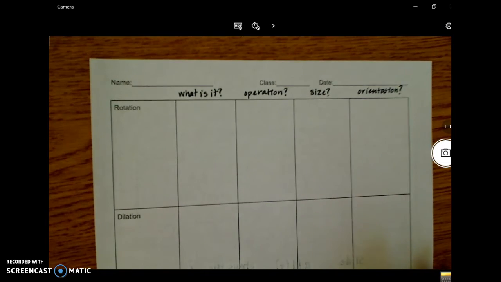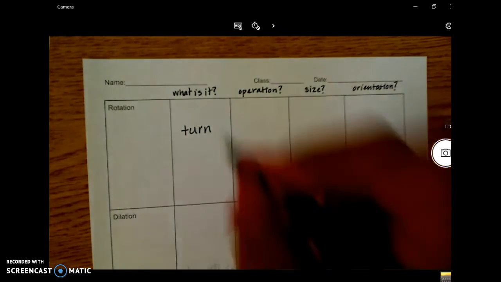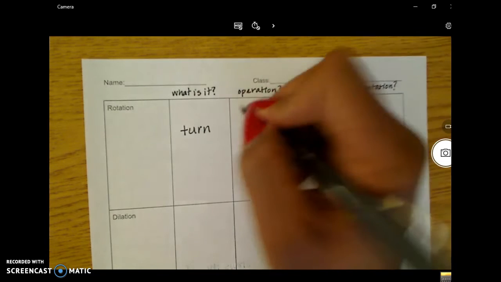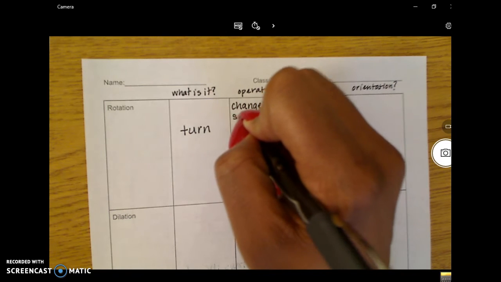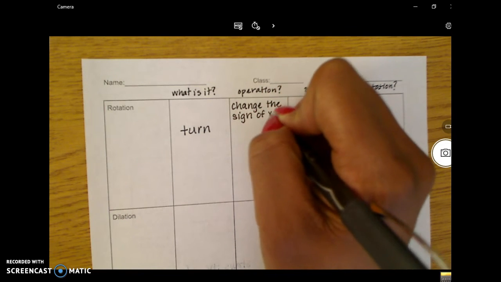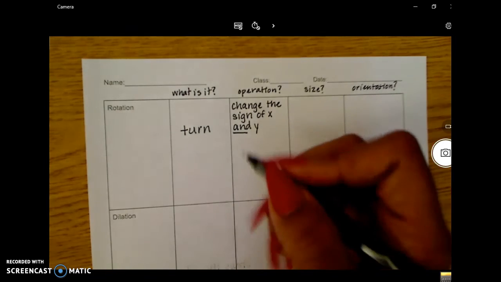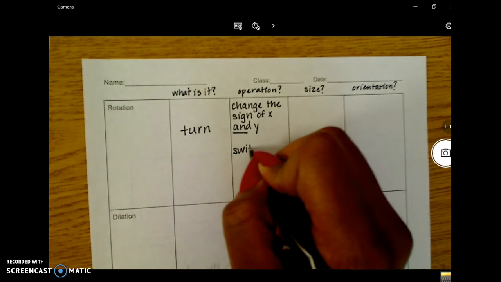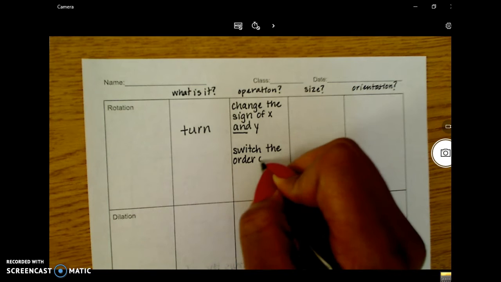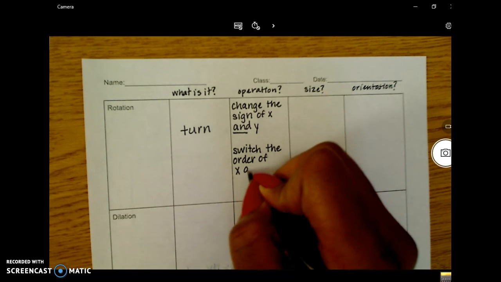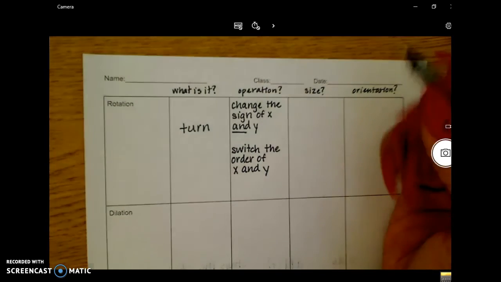Okay. So with a rotation, it is a turn. The operation, you're going to change the sign of X and Y. Also, we'll switch the order of X and Y. What happens to the size during a rotation?